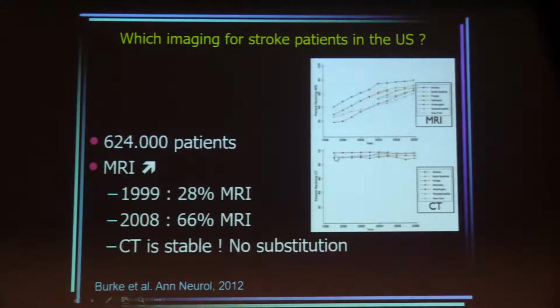But the big surprise is that the CT scan is stable, so obviously there is no substitution, and what probably happens is that people get first scanned using CT, and whenever we can put them in the MR, later on during hospital stay, they will eventually have an MR.